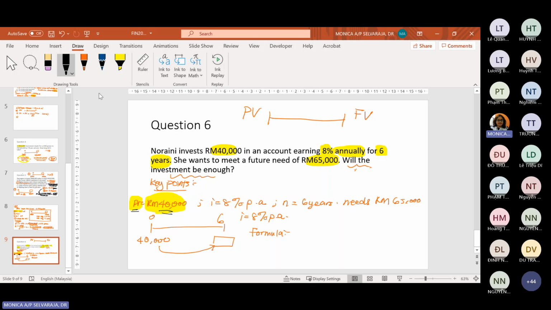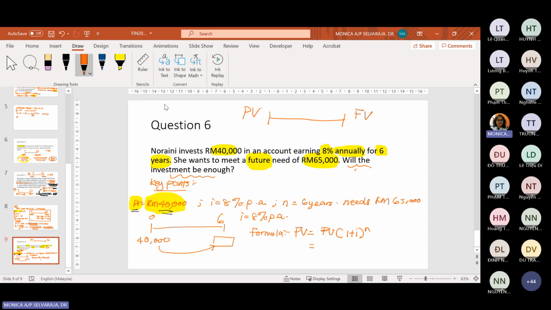So why should I calculate the present? I want to find out whether it's enough in the future because I want to compare with 65,000. Very, very simple question. So you have to calculate future. You cannot calculate present. The formula for future value is present value times 1 plus I to the power of n.